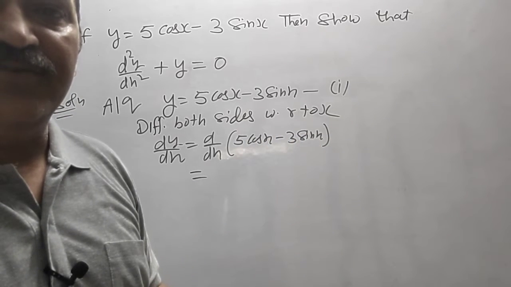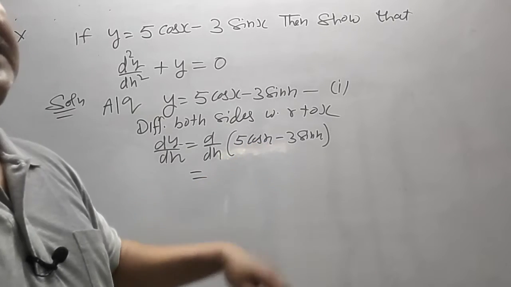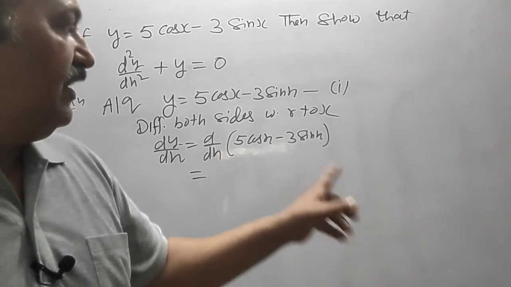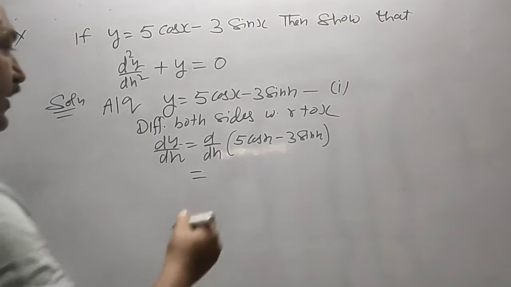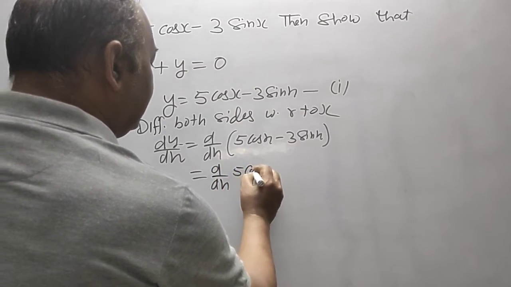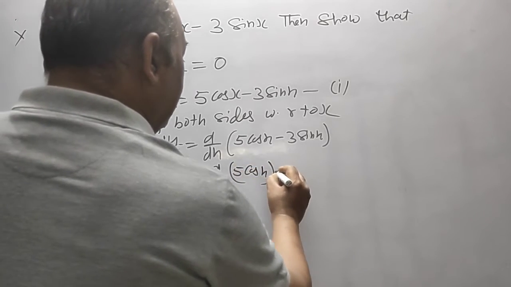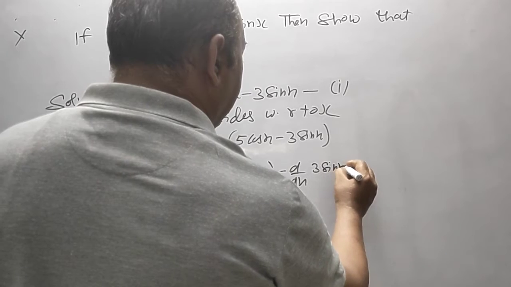सेपरेट डेरिवेटिव इन दोनों. फिर 5 आउटसाइड एंड cos x का डेरिवेटिव माइनस sin x. 3 outside and derivative of sin x is cos x. It becomes d upon dx of 5 into cos x minus d upon dx of 3 into sin x.